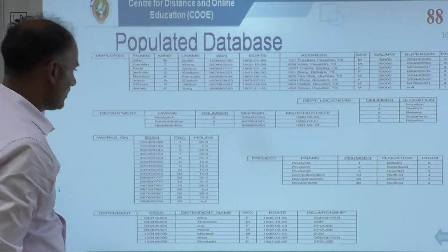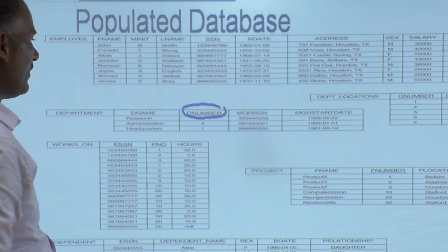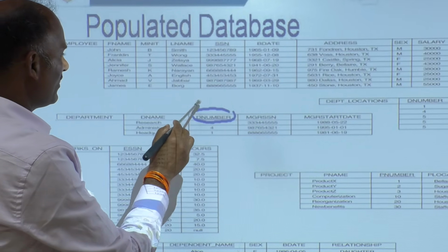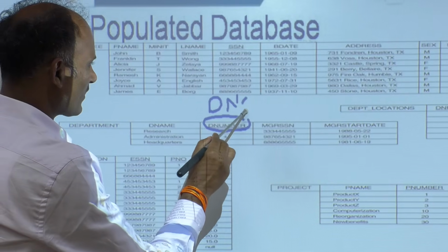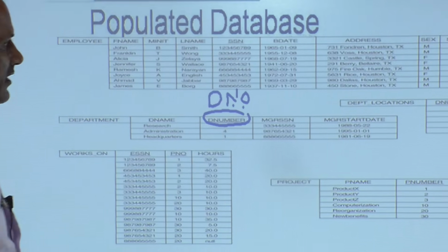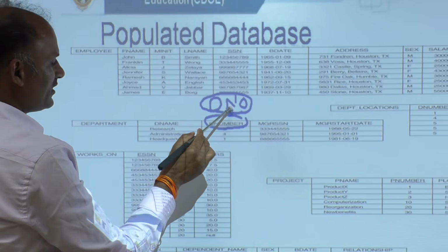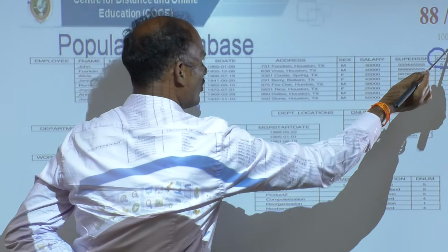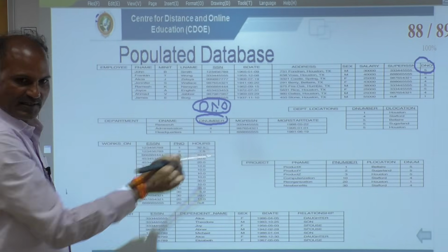Assume that this department number field has not been given the name d number, but you have given it as d num. Now if you look at this field present in department and the d number present in employee, both are the same. The name of the attribute is the same.